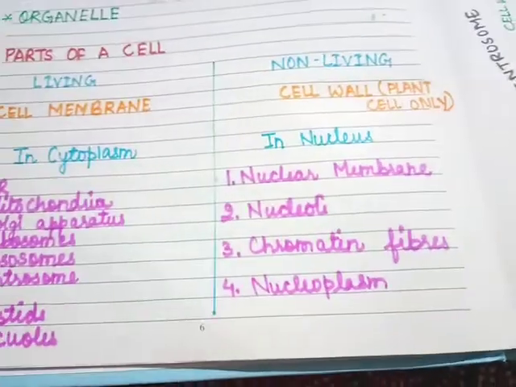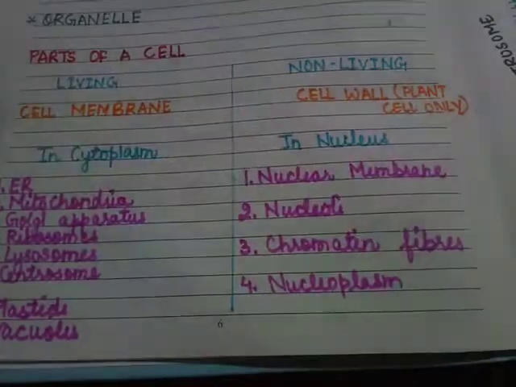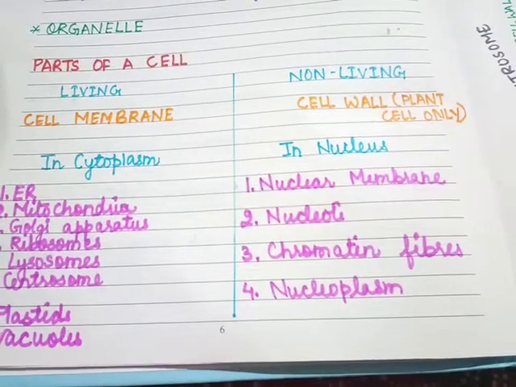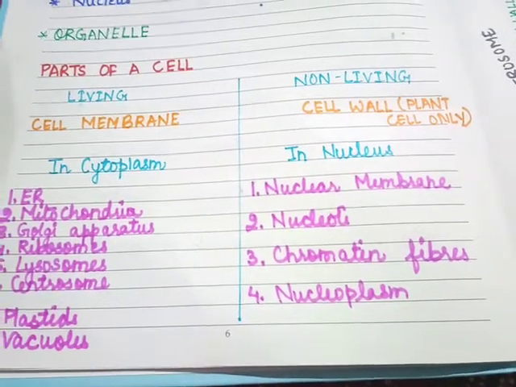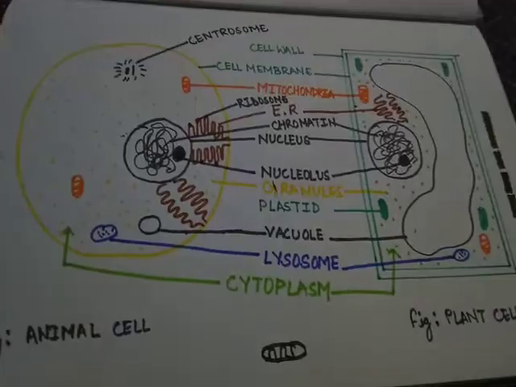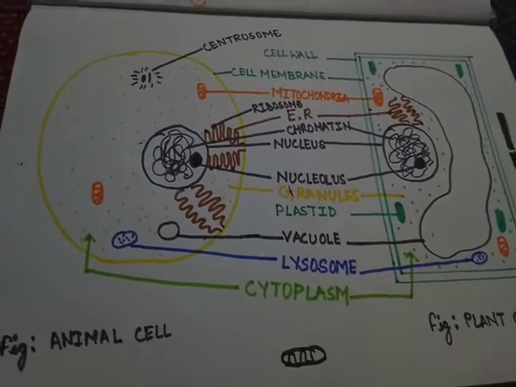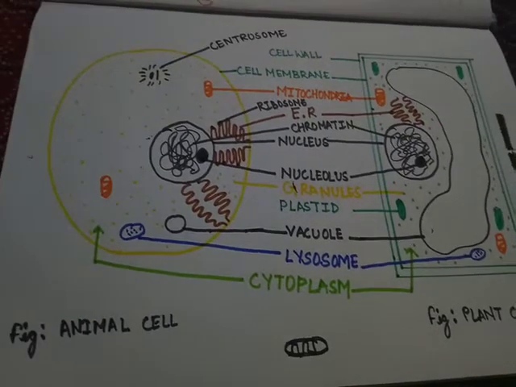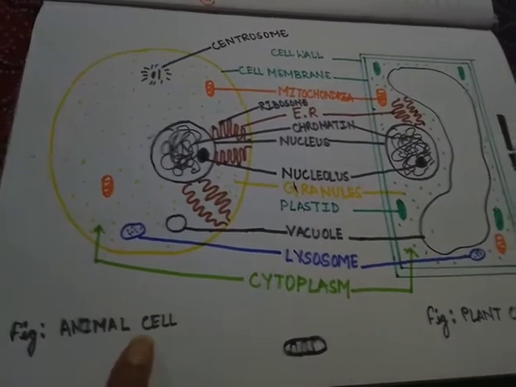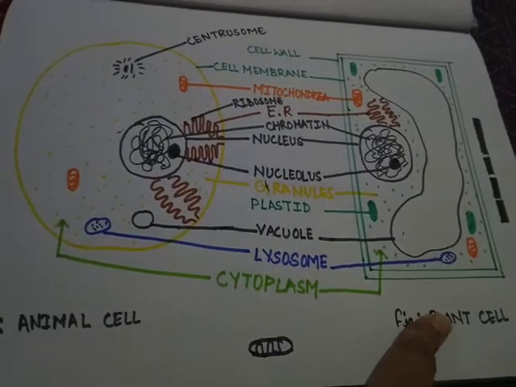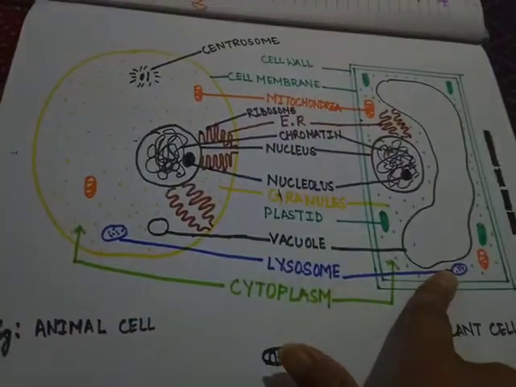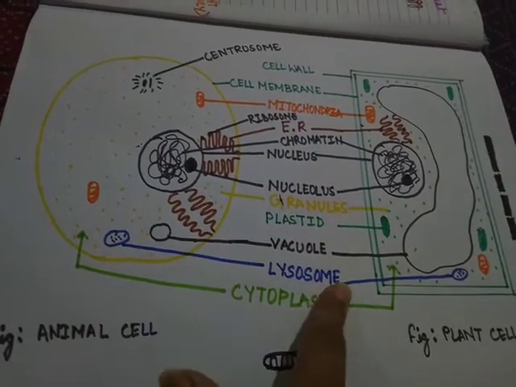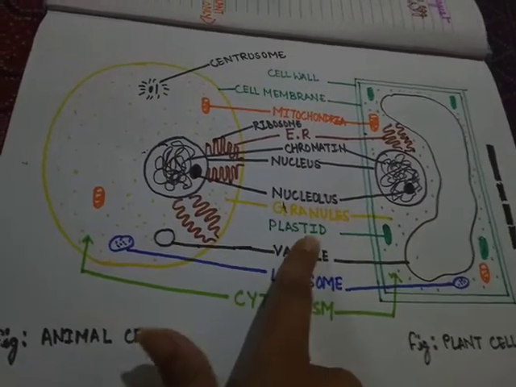Now, let us see through the diagrams and find out what are the major functions of these organelles and how they are located inside the cell. Students, I have drawn this structure for your better understanding. You can see I have labeled figure animal cell and figure plant cell, and this whole thing is made up of different sketch colors, so that you can easily locate by seeing the colors.